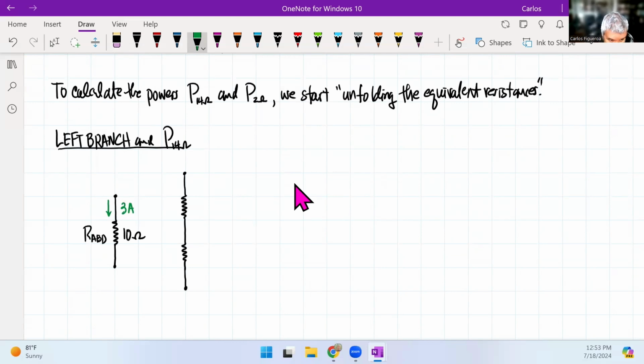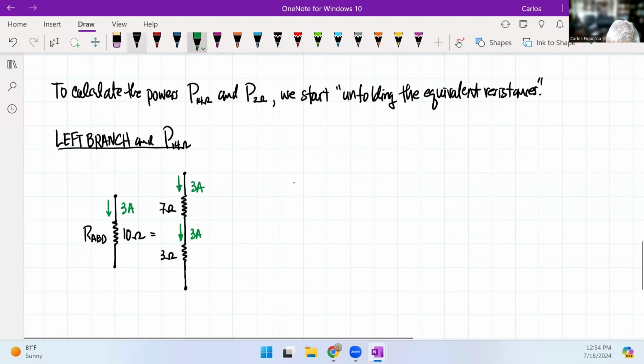But series elements have the same current. So when I look at this guy, this is now the same as a 7 ohm and a 3 ohm. This current coming down is still 3 amps, and it continues to be 3 amps going through the 3 ohm too. But we only care about the 7 one.